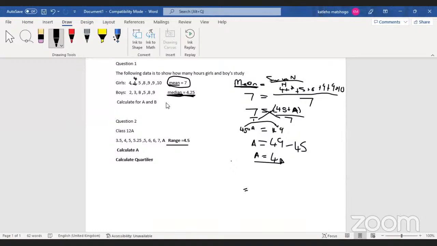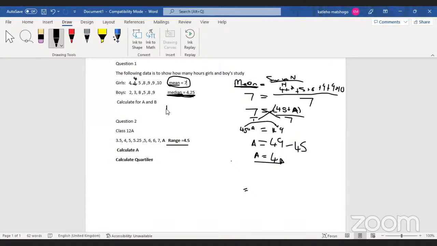If they're giving you something, whether in any topic in mathematics, whether pure maths or math lit, if they've given you something like the totals, it's supposed to be a clue to you. Okay, this is what I'm using to calculate this thing.